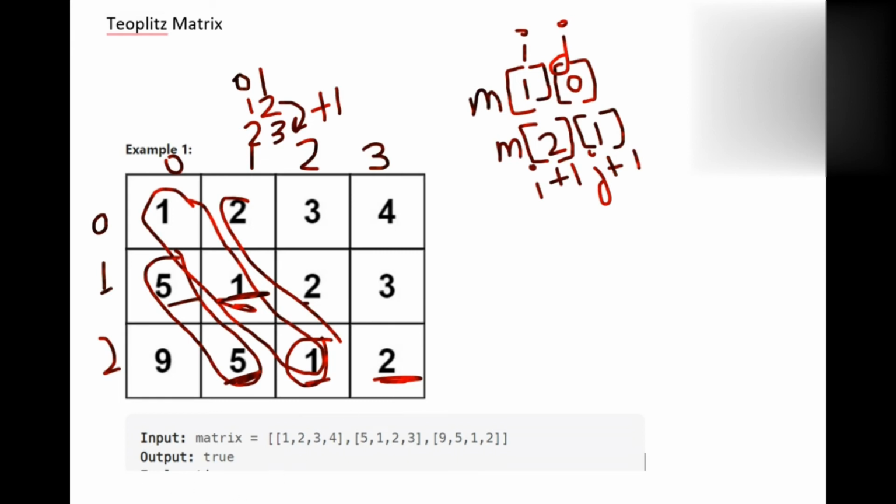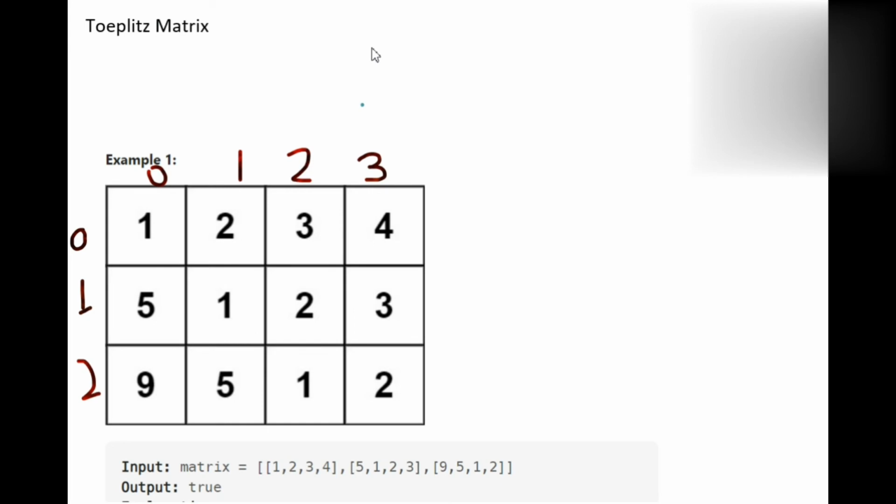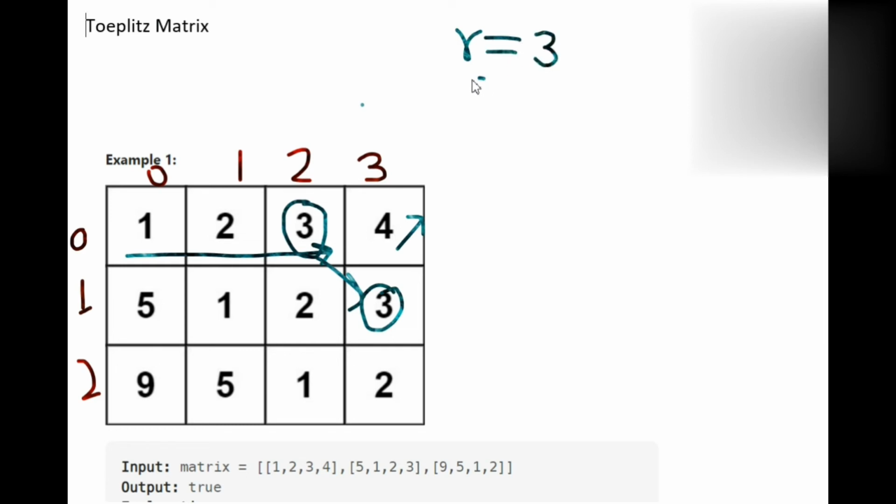Now see the program. So we have to apply two nested loops. The first loop will go from 0 to 2, because from this index, this element, we have to check this. No need to check this element. The number of rows in this matrix is 3 and the number of columns is 4.